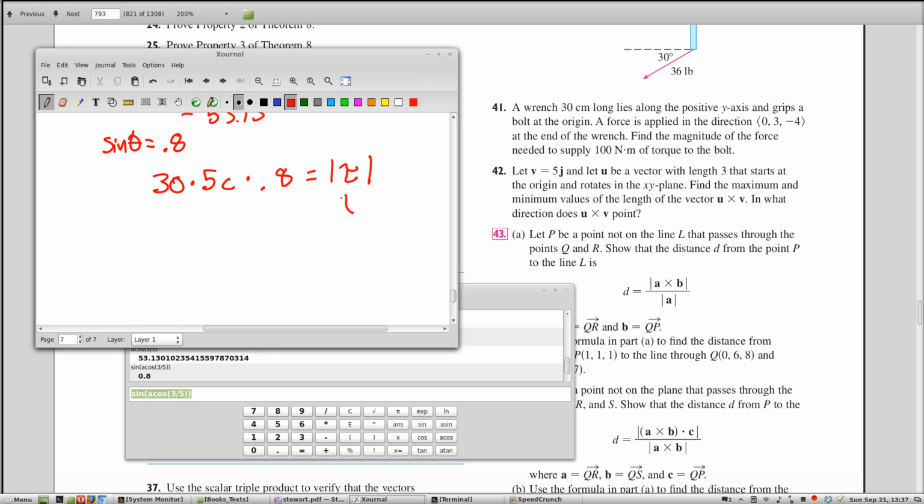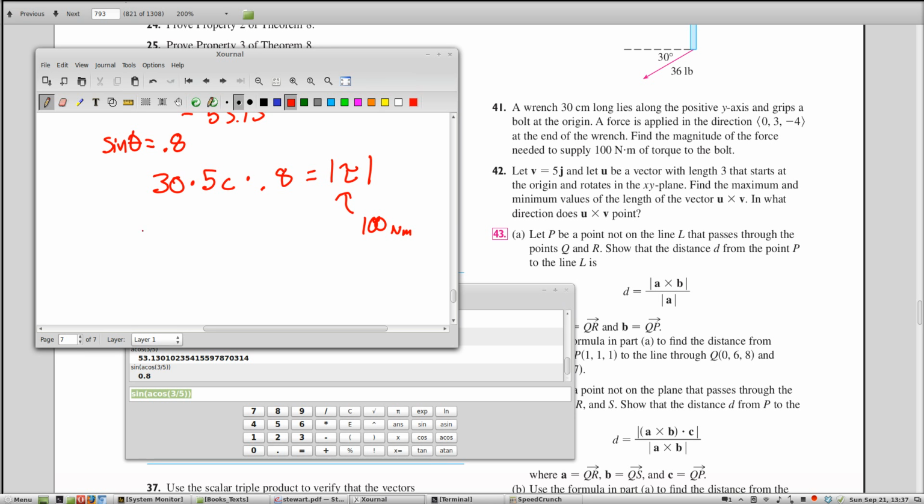And there's got to be some unit conversions in here because this is in centimeters, and I guess this is in centimeters too, and this is unitless.